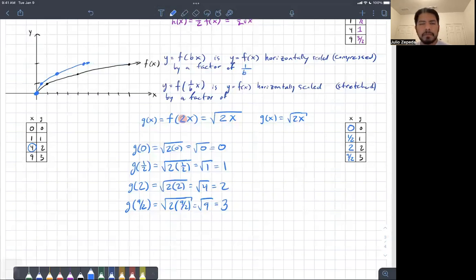I'm going to put 1 over b here more generally if we plug in b into the function.